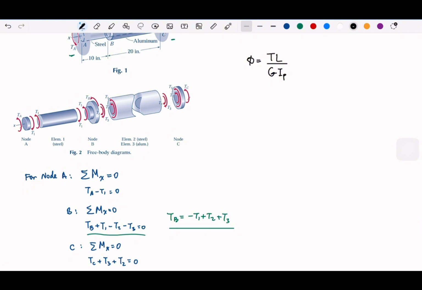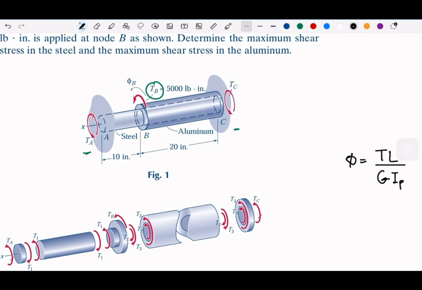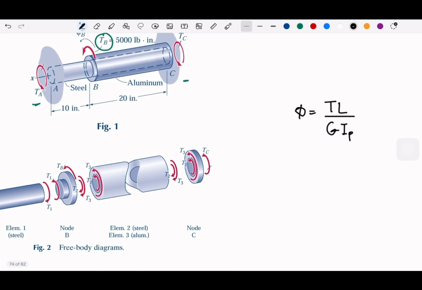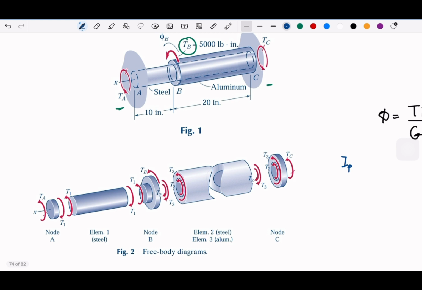So perhaps we can say that for every part of it, we can compute the inertia. We can compute inertia for steel. Or if we look at this element 1 and element 2, they are the same, right? There's the steel.